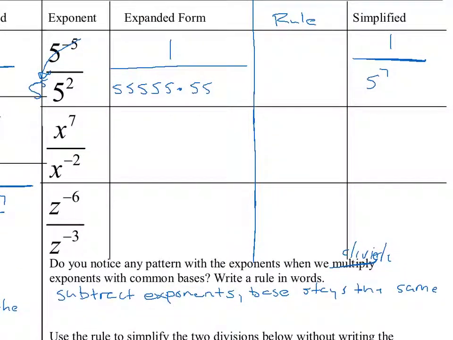So if we wanted to have done this one by rule, we would have set it up 5 to the negative 5 minus 2. Now, if we want to do negative 5 minus 2, what are we going to have to do first?